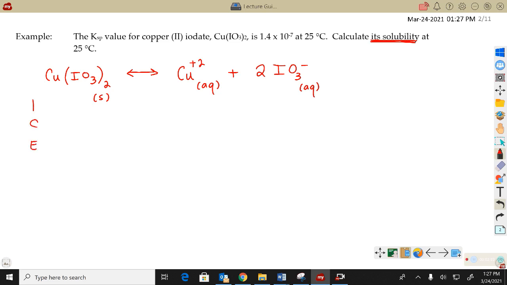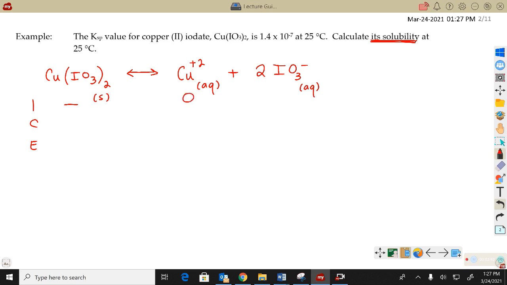All right. So initially, all I have is solid. I'm going to have some solid, and we're going to throw it in a container of water. Initially you have solid, but we never care how much, because we're not going to use it in any of our calculations anyway. So you can set up the ice table, but maybe just scratch that initial amount of solid. It doesn't really matter how much I have.